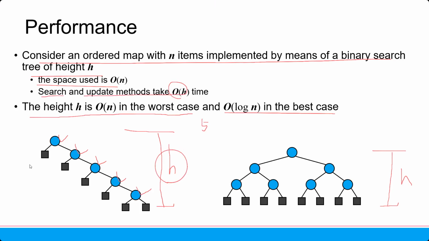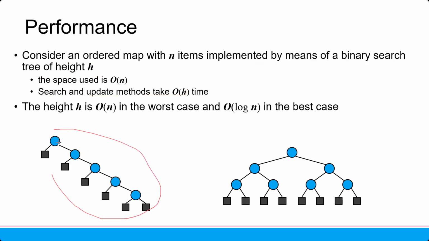If your tree is like this, a binary tree, but when you do the search, you will do 1, 2, 3, 4.